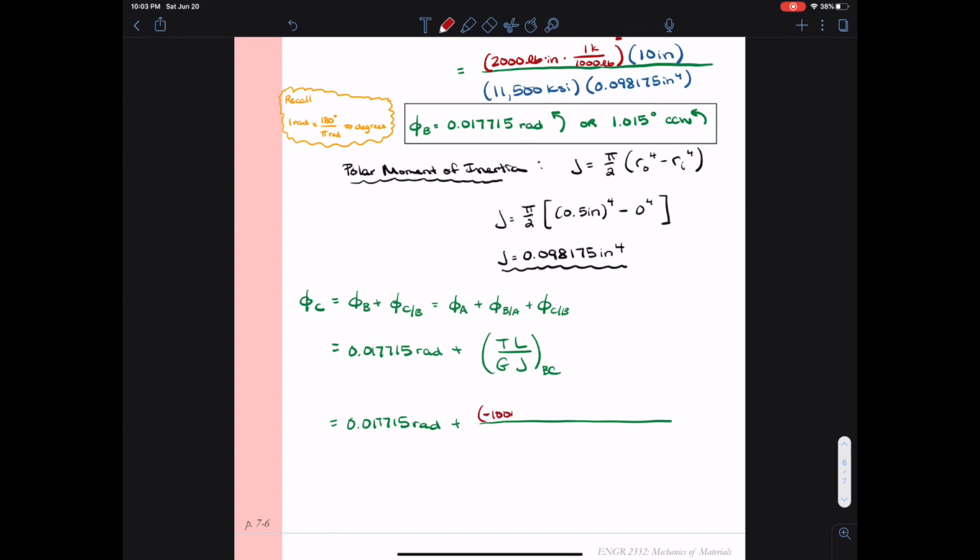I see on my torque diagram that the torque on segment BC was negative 1,000 pound-inches, and again, I'm going to convert that to kips times inches. The length of segment BC was 30 inches. G remained the same, 11,500 KSI. And J remains the same on this segment, and we see that number above, 0.098175 inches to the fourth.